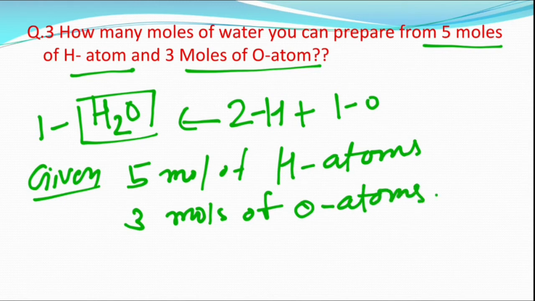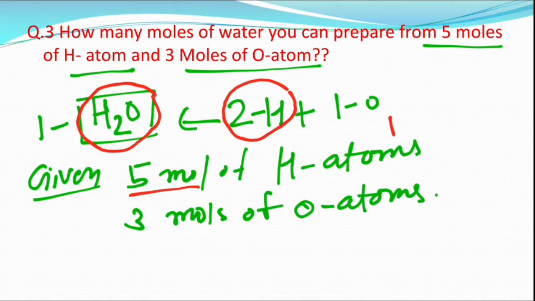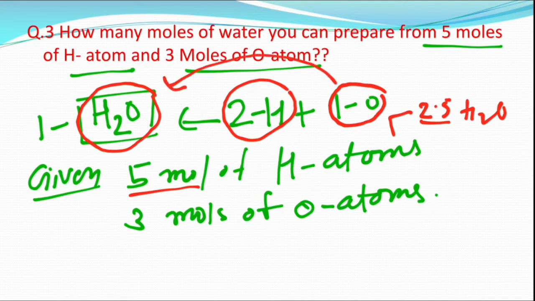Okay, so if we consider the number of hydrogen atoms, then we know that 2 hydrogen atoms are used for the formation of 1 molecule of H2O. So 5 moles of hydrogen can give us 2.5 moles of water, and we know that 1 mole of oxygen atoms gives 1 mole of H2O.